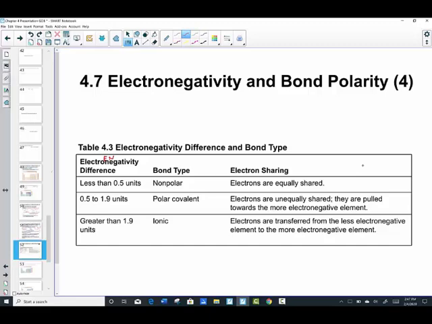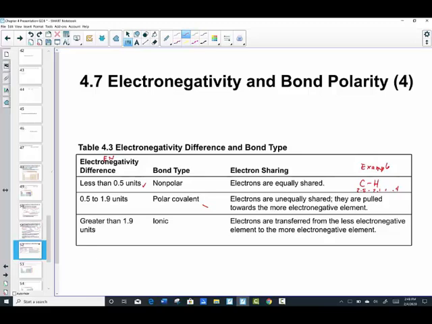A moment ago, I gave an example of a carbon to hydrogen bond. The carbon's electronegativity value we said was 2.5, and the hydrogen's was 2.1. When we subtracted that, we got 0.4 for the electronegativity difference. Certainly that's not a significant value. It's considered to be an equal distribution of charge between the two atoms. It's a non-polar bond.